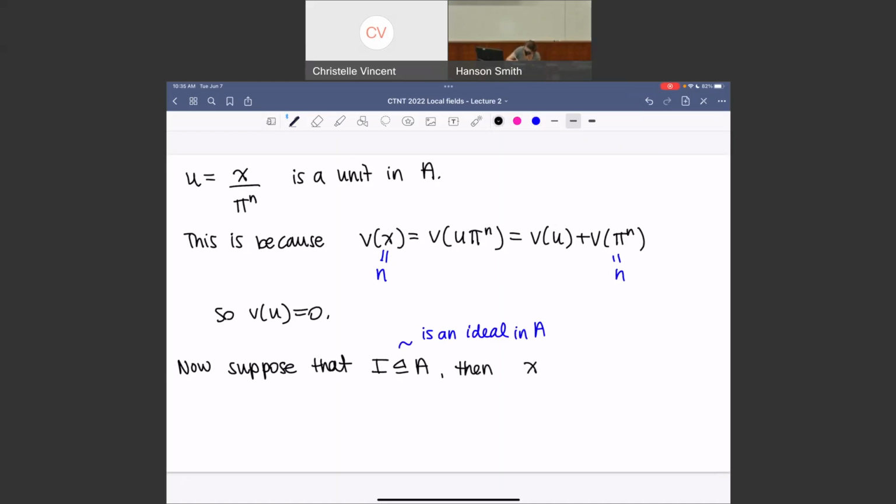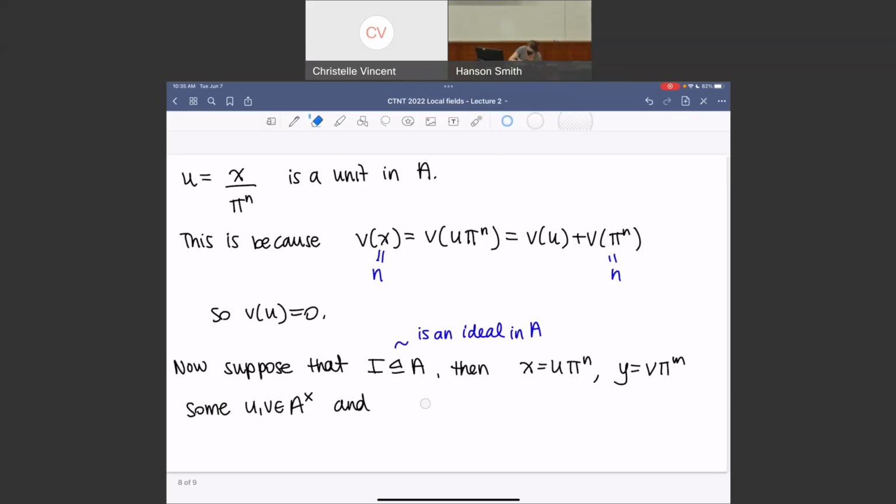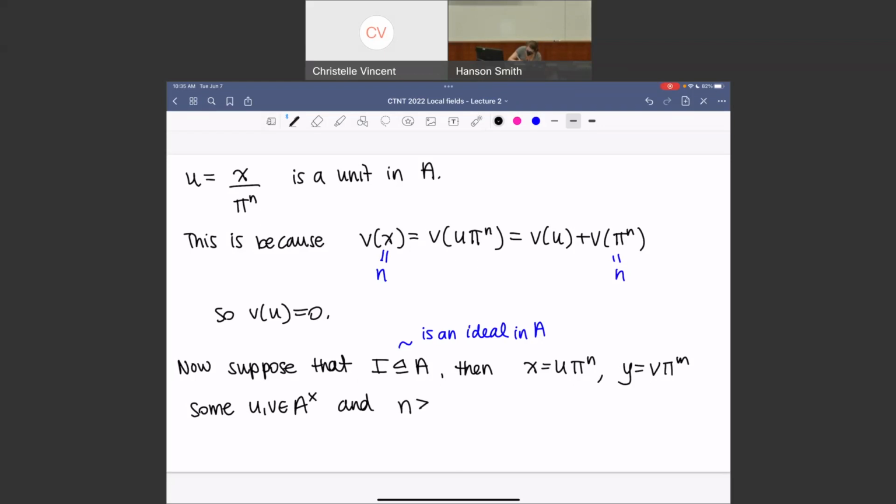Then, right, x is u pi to the n, y is v pi to the m, right, for some u, v units in A, and without loss of generality, maybe n is greater than or equal to m. They're both greater than or equal to 0, right?